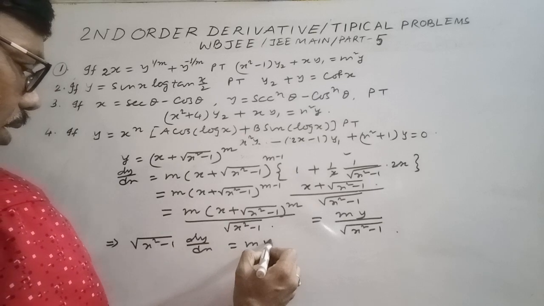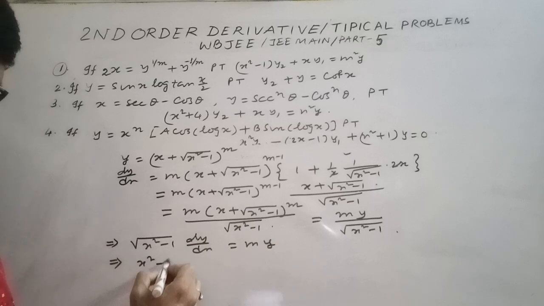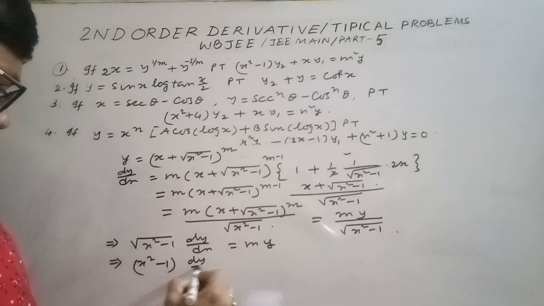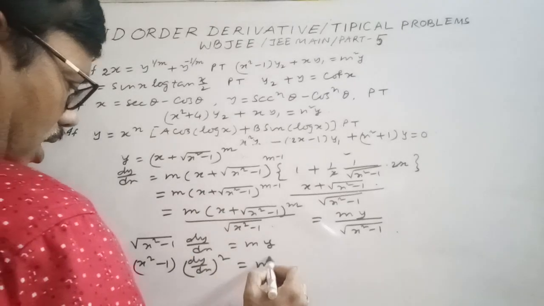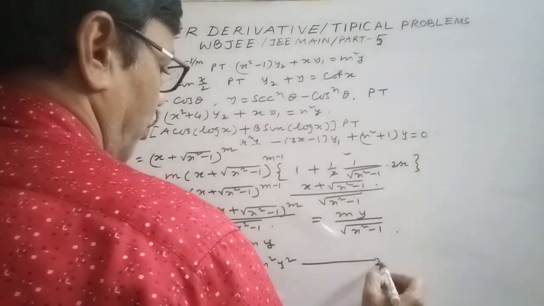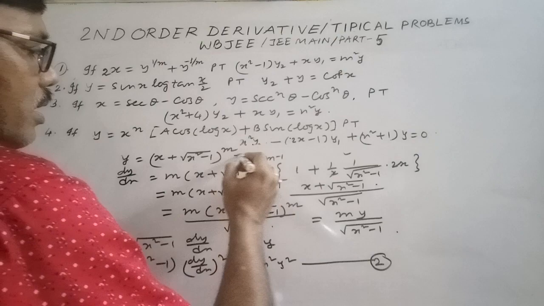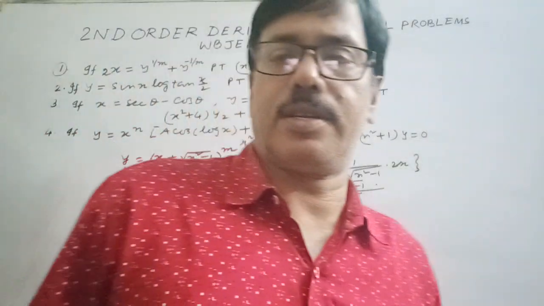So to avoid the root over x square minus 1, take dy by dx whole square, or you can differentiate it, equals m square y square.